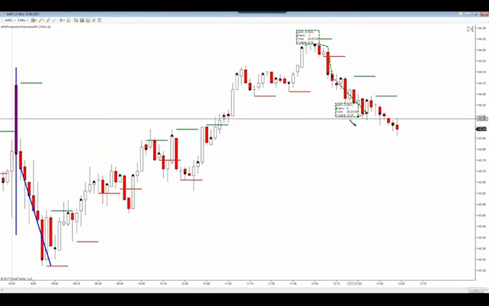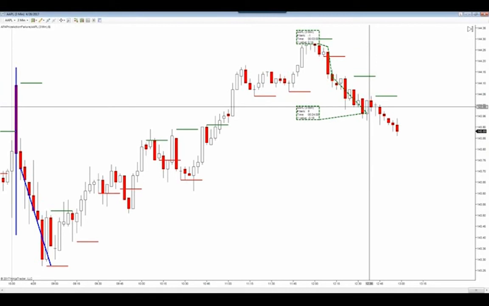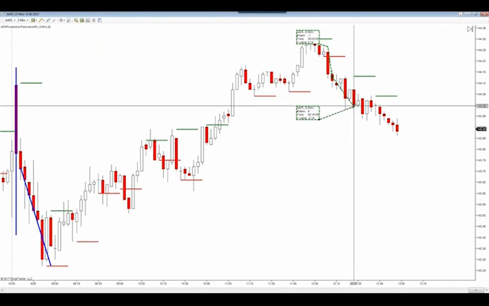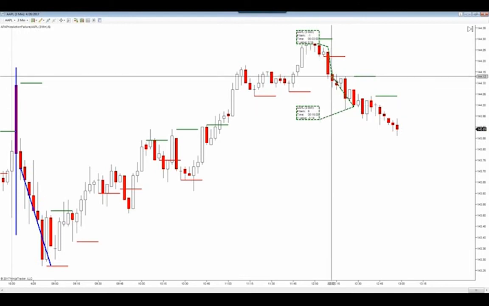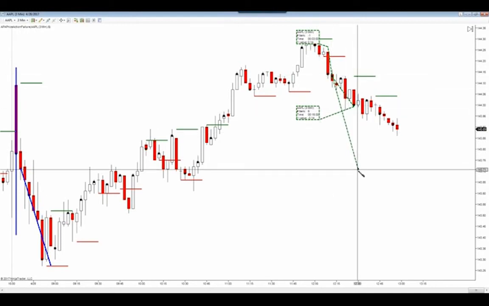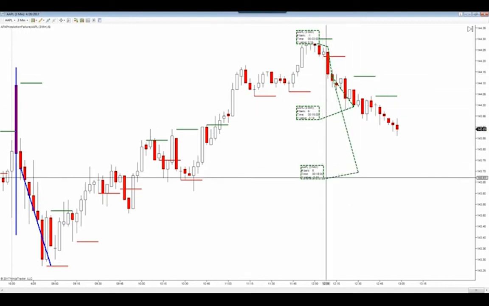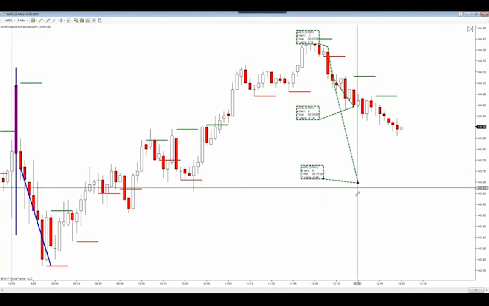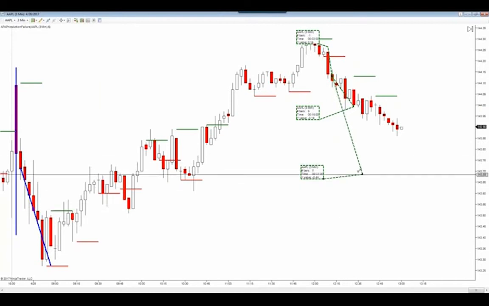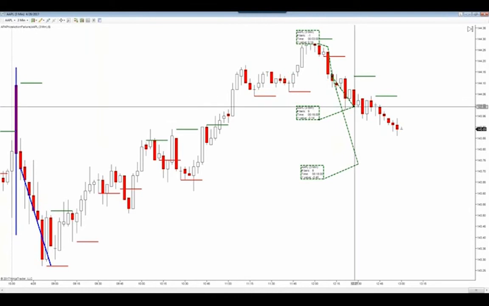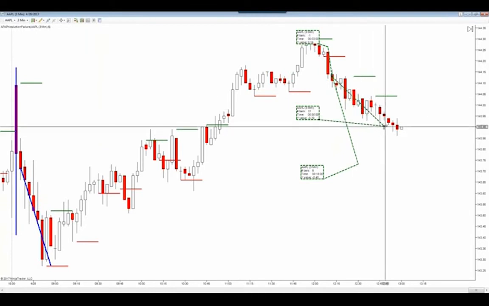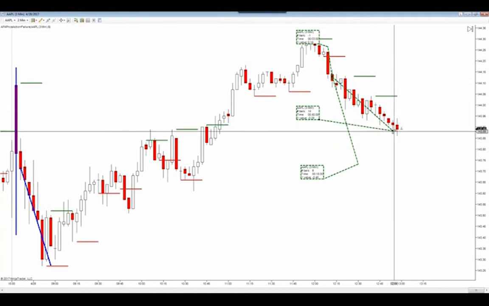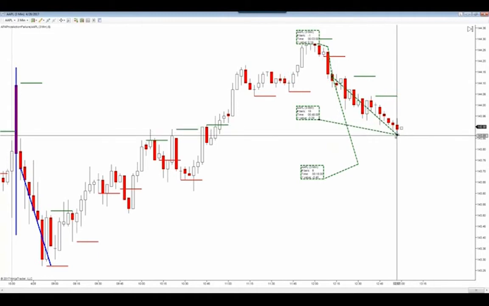So for my first target, I would be looking for a 1-to-1. If I'm risking 14 ticks, I want to make 14 ticks, and then multiples thereof. If you're using multiple contracts, or even just one contract, I would probably look for a little bit more than that, probably a 2-to-1 risk to reward ratio.